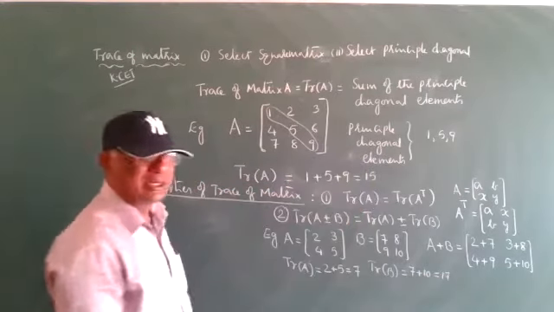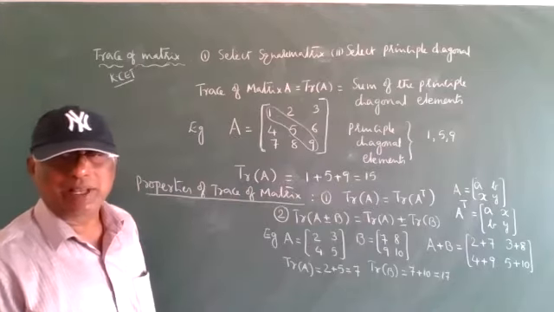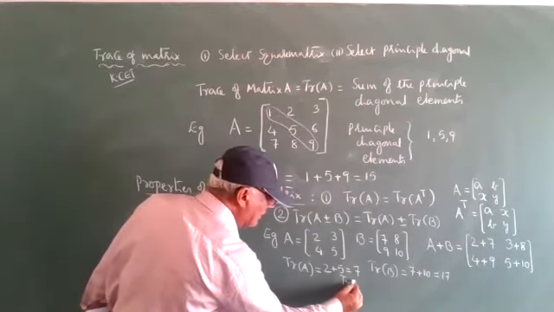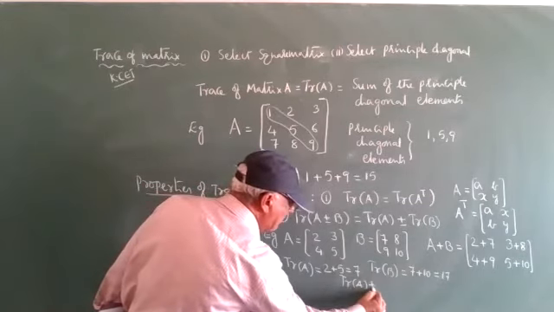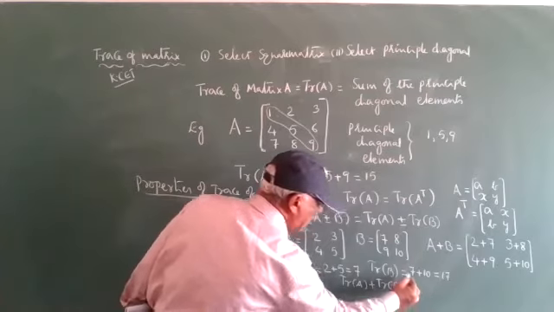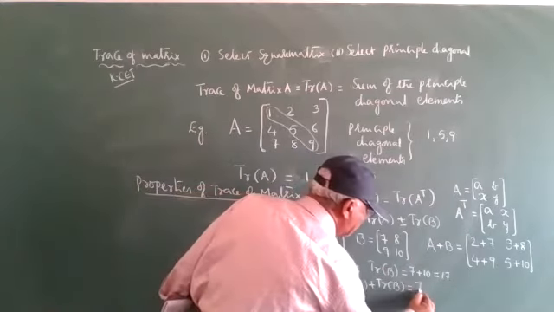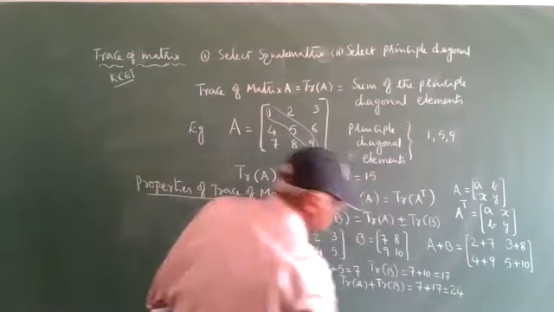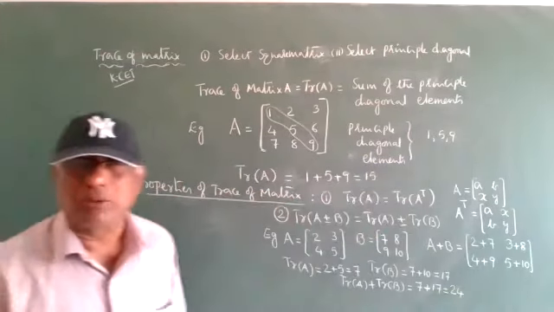Trace A plus trace B is equal to 7 plus 17, which is equal to 24.